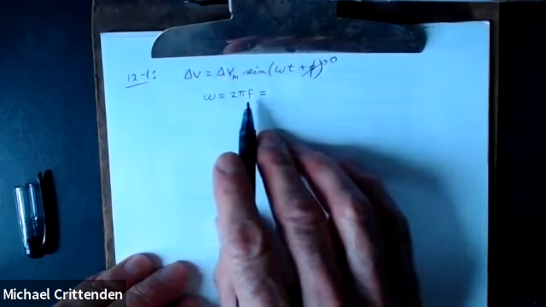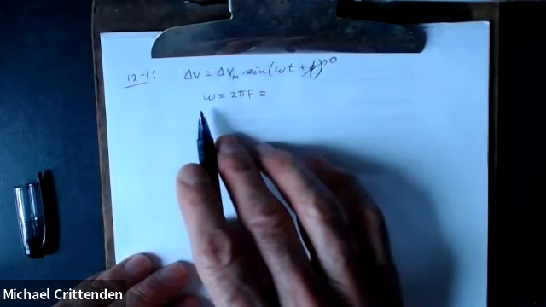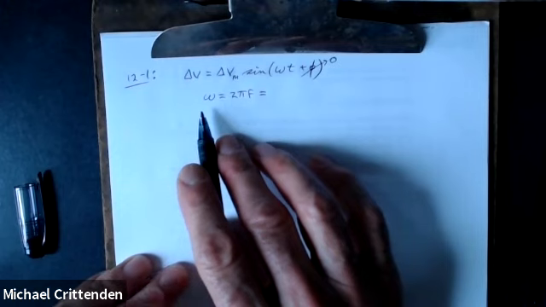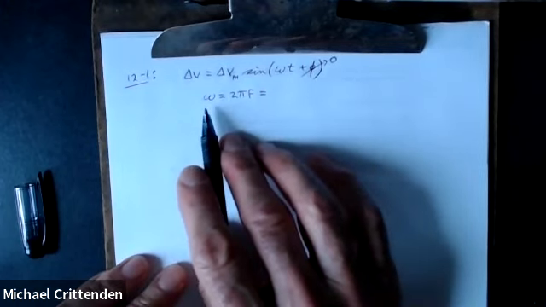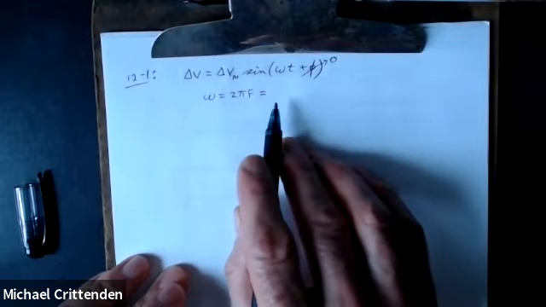Radians per second, cycles per second, 2 pi cycles per, I'm sorry, other way around, 2 pi radians per cycle, or 2 pi radians per revolution, if you'd rather say it that way.